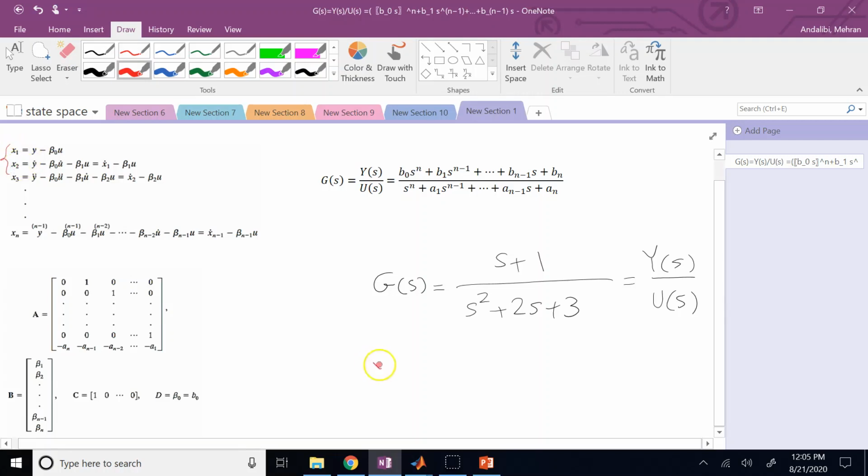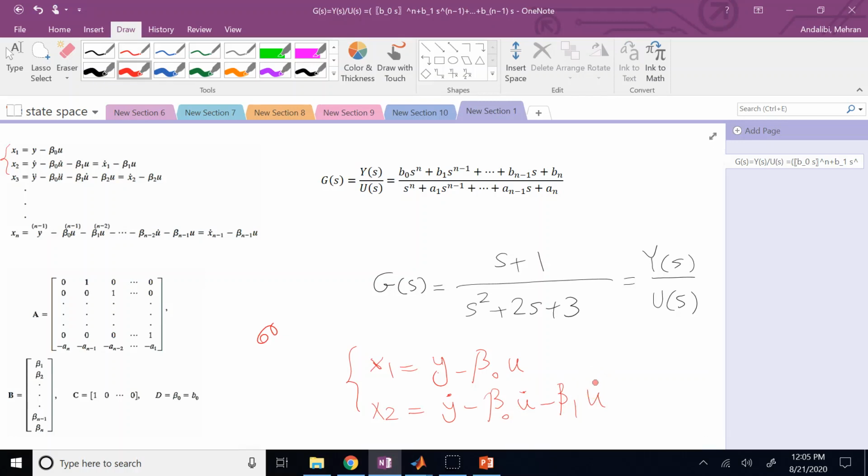My x1 is y minus some beta naught times u, and my second state variable is y dot minus beta naught times u dot, and a new variable beta 1 times u. But first I need to find beta naught and beta 1.